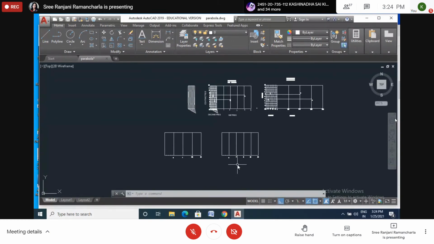So the length of the scale is 12 centimeters divided by 6 kilometers into the maximum length.